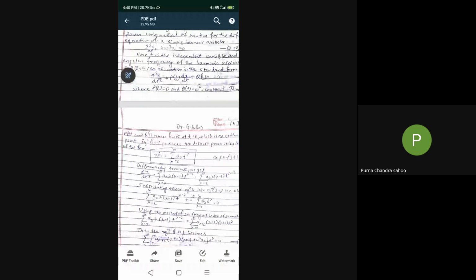So substituting d square x by dt square as summation lambda is equal to 2 to infinity a_lambda lambda into lambda minus 1 t to the power lambda minus 2, then you will have your equation as summation lambda is equal to 2 to infinity a_lambda lambda into lambda minus 1 t to the power lambda minus 2 plus omega square summation lambda is equal to 0 to infinity a_lambda t to the power lambda is equal to 0. Are you getting it?